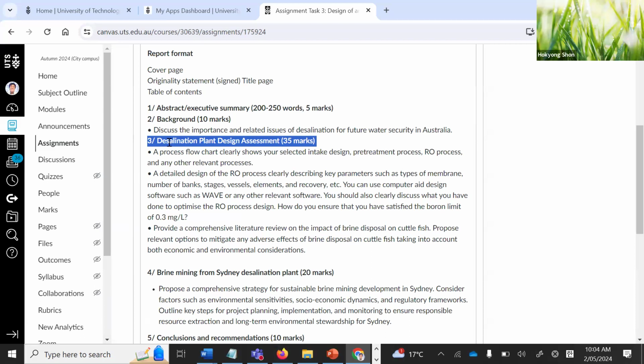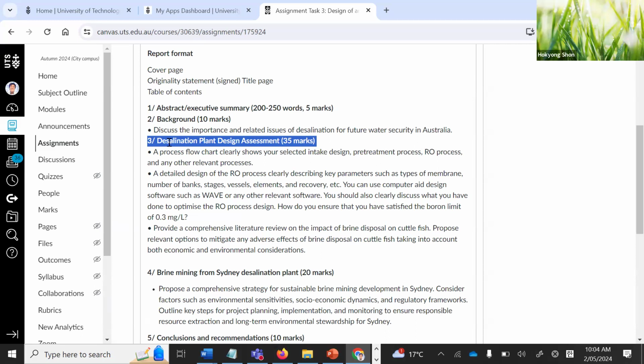Clearly show your selected intake. So already we are discussing Victoria, Sydney, and Adelaide desalination. We have some different pre-treatment, post-treatment, also how they look changes very much. And you need to decide because this will be designed by yourself, right?